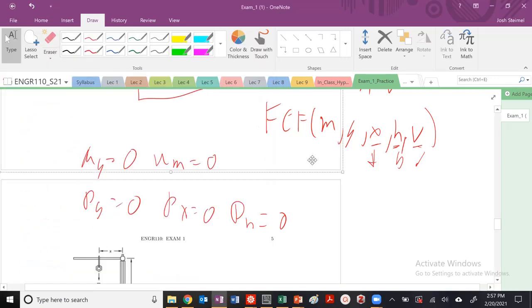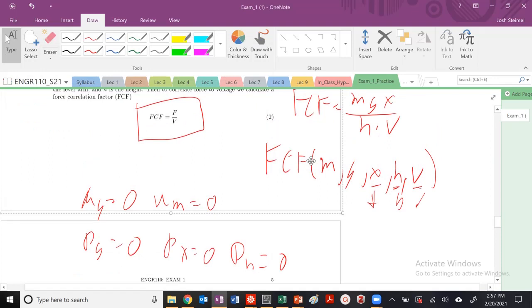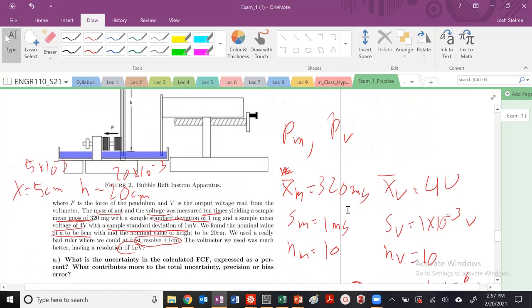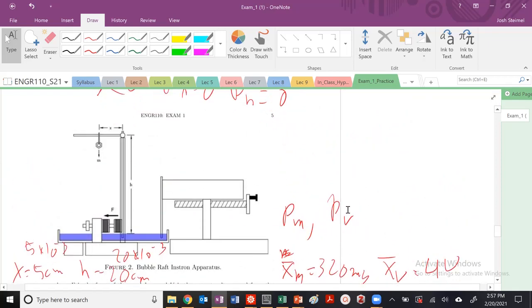There was no precision error in g, x, or h. We had precision error in mass and volts. So remember, precision error in mass is going to be t alpha over 2 nu times S mass over square root of n. So we know n is equal to 10.